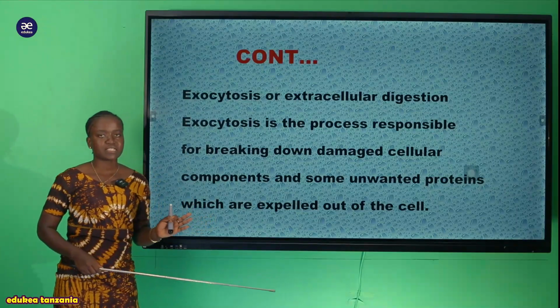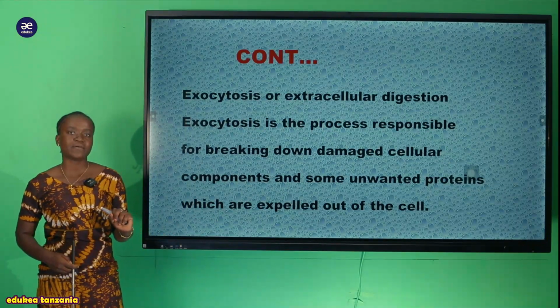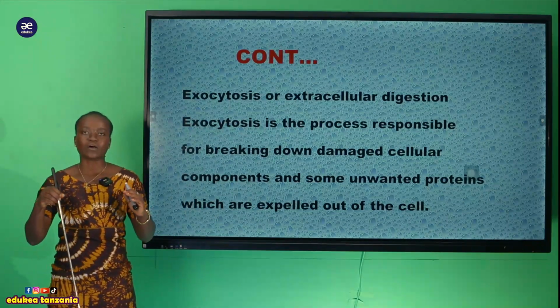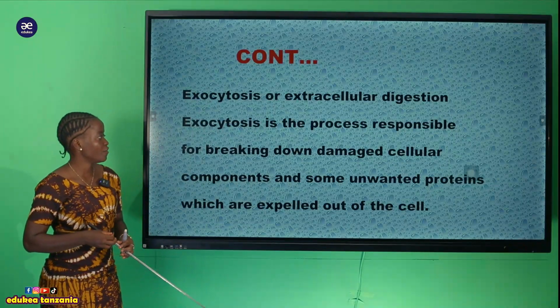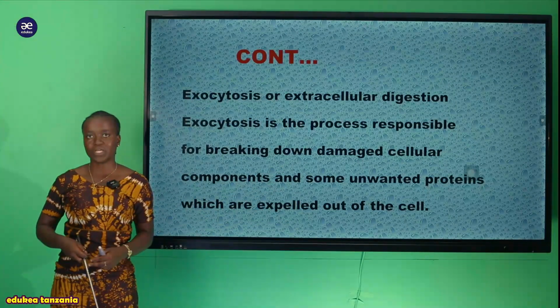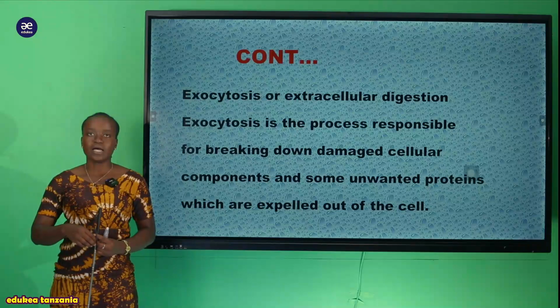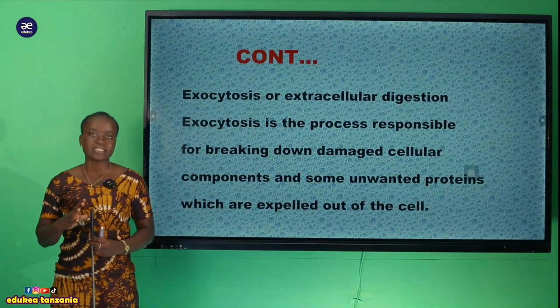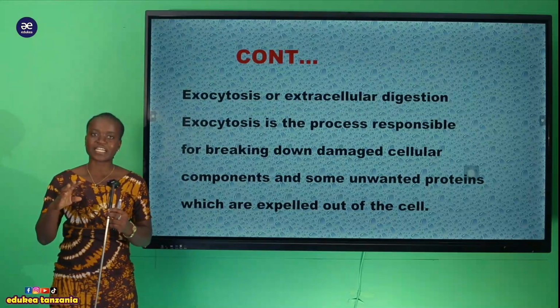So this exocytosis, we say that it is for breaking down all of the damaged cellular components, either that component of the cell or that organ was not working well.